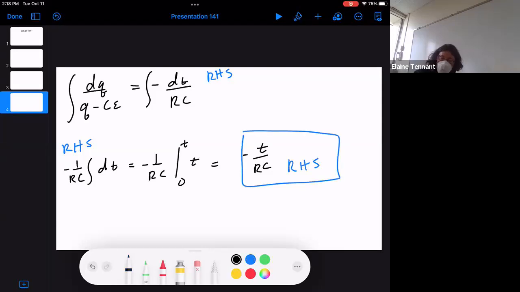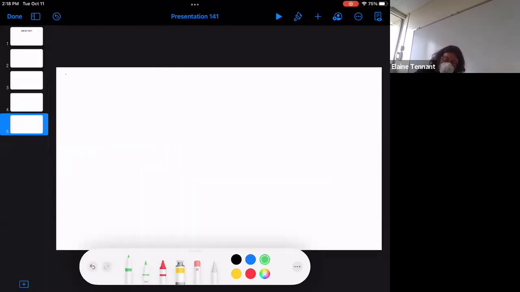Okay, now let's do the left-hand side. Okay, so the left-hand side, I have dq over q minus battery voltage times capacitance.